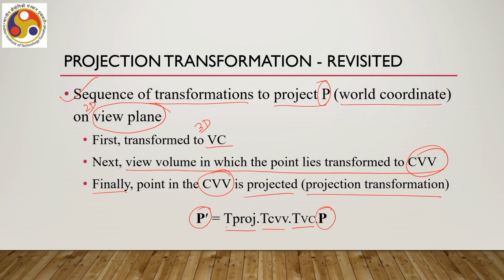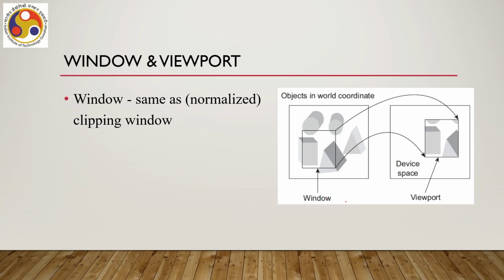So, these are the matrices we need to multiply together to get a composite matrix representing the overall projection from world coordinate scene to 2D view plane. That is up to projection to view plane.